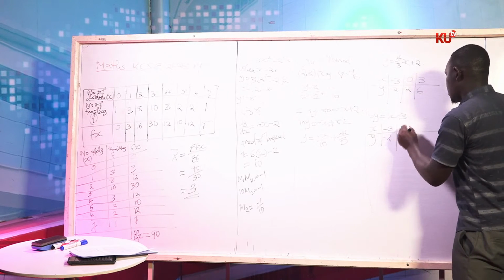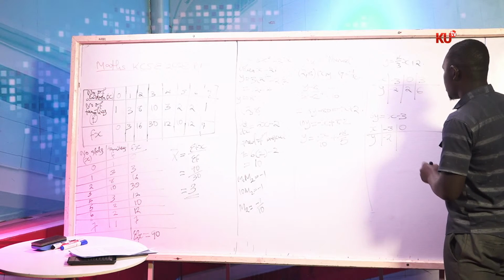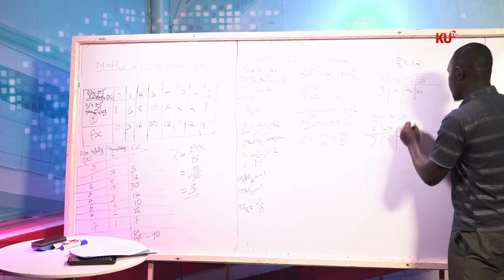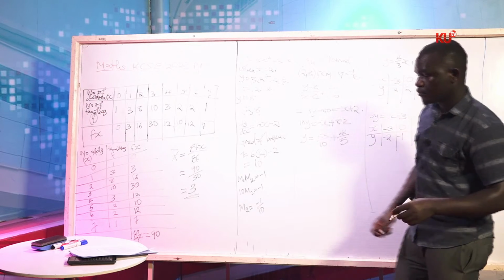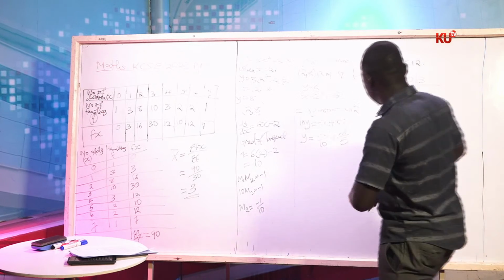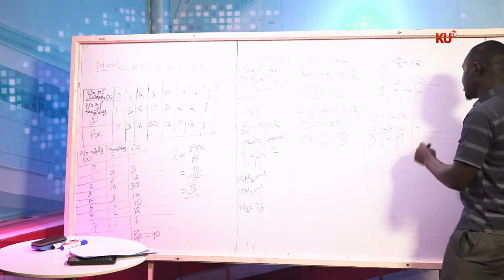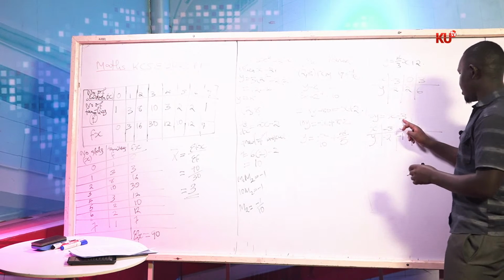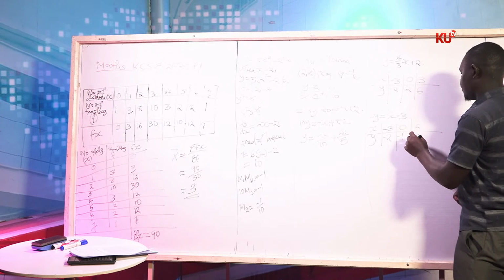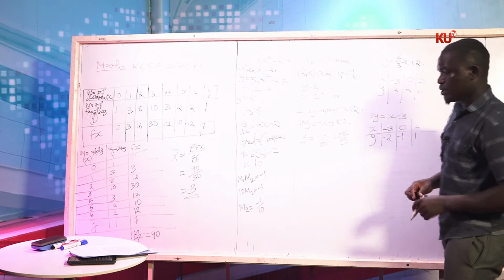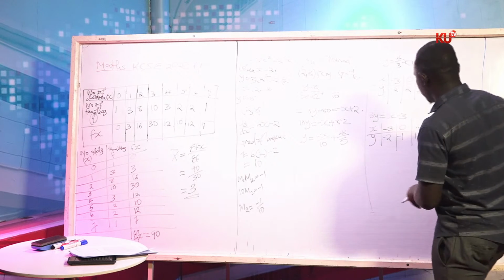When x is 0, y will be negative 1. And when x is 6, so 6 minus 3 is positive 3. So divide by 3, it is 1. You get it as a 1.